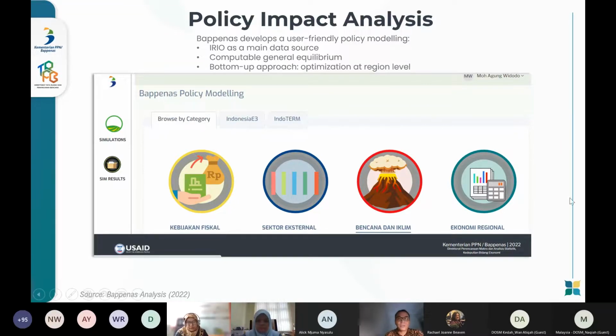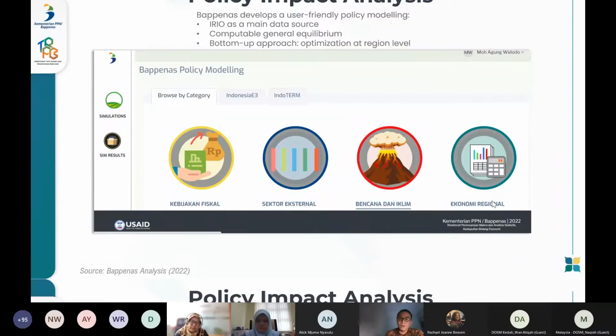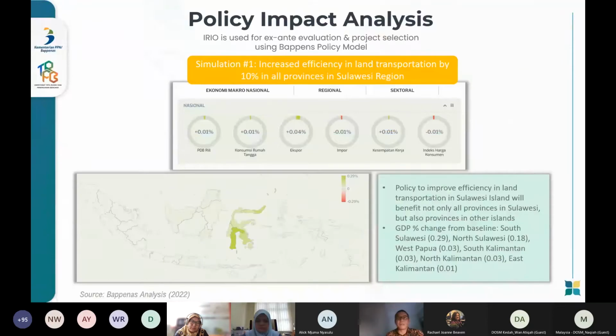The simulation can include fiscal policy and also external policy, for example, trade, export, and import related, and also the impact of natural disasters and climate change, and also the regional economy. So this is an example of the simulation.